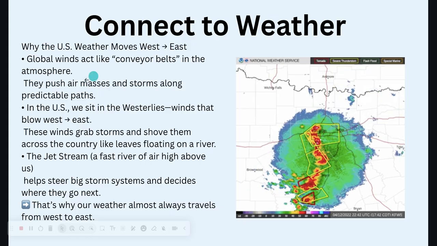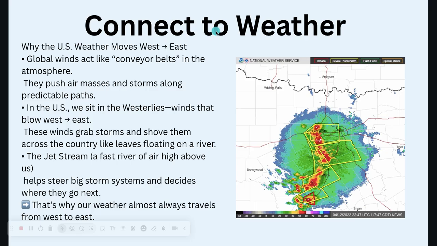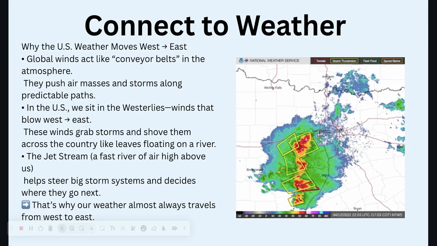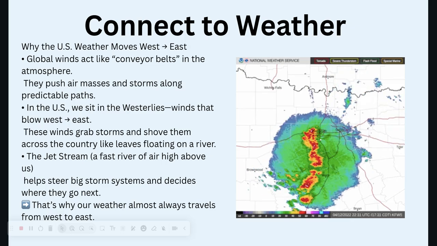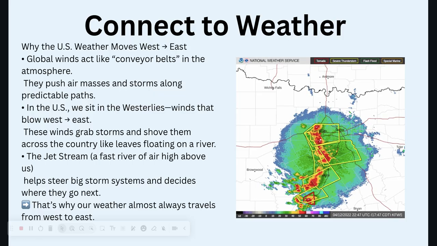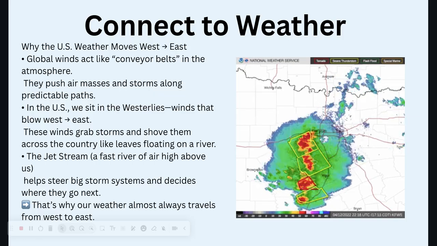All right, connection to weather. Why the U.S. weather moves west to east. Global winds, like conveyor belts in the atmosphere, push air masses and storms along predictable paths. In the U.S., we sit in the westerlies. So that's what causes our winds and our weather to move from the west to the east.